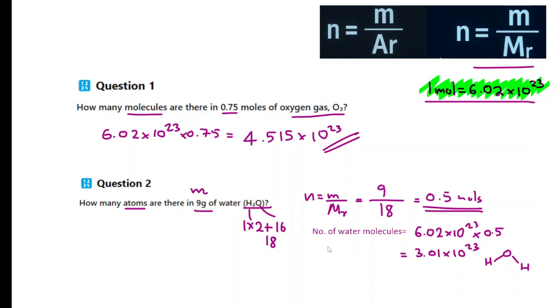So the total number of atoms must be the number of water molecules multiplied by 3. So 3.01 times 10 to the power of 23 multiplied by 3, which is 9.03 times 10 to the power of 23. This is the final answer.